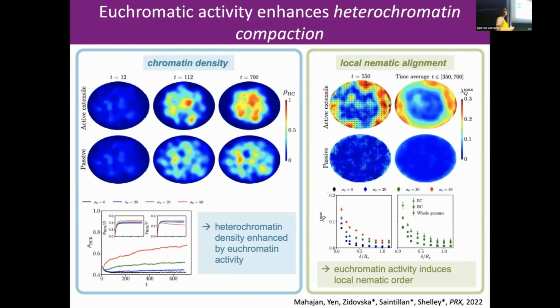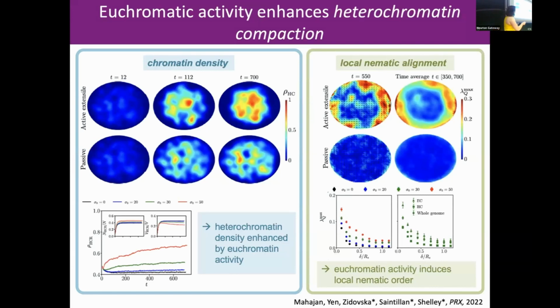So they will bunch together and you will form these regions of higher density. However, note here, once you add activity, they will be bunched together much stronger, and the density of these heterochromatin regions is much higher, right? So this is first what we see: the heterochromatin density indeed is enhanced by the euchromatin activity.